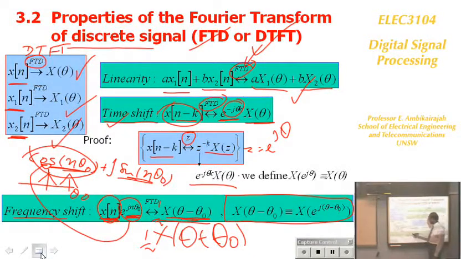So if you have a complex exponential, you only get one spectral shift. If you have cosine, it will shift both sides, not only here, it will shift here as well, minus theta naught. But the amplitude, if this was 1, is all half.